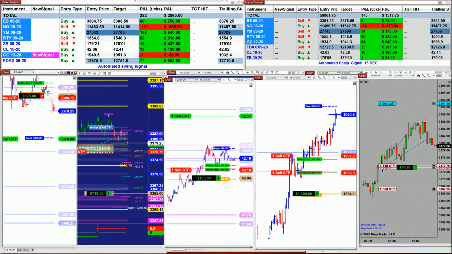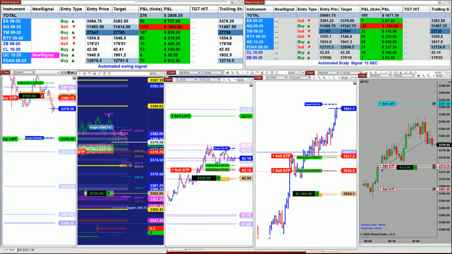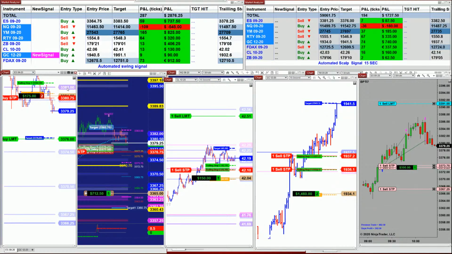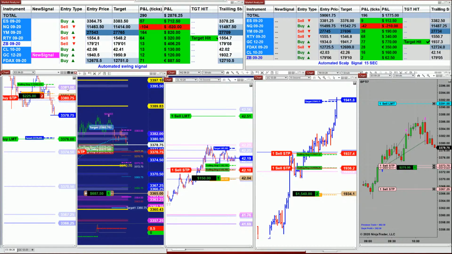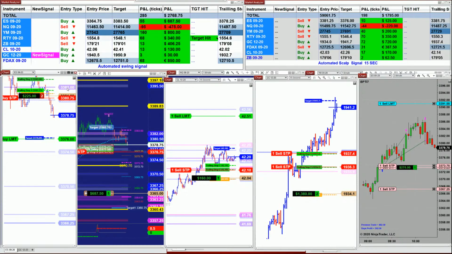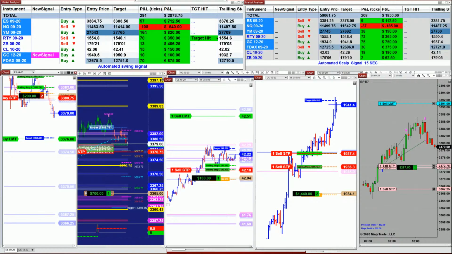As I said, there are no short trades on the ES. So be careful with the ES, guys. On the scalper, I'm not even going to extend the target on the ES, because it's not going to make it. There is no short on the ES. So do not waste your time.